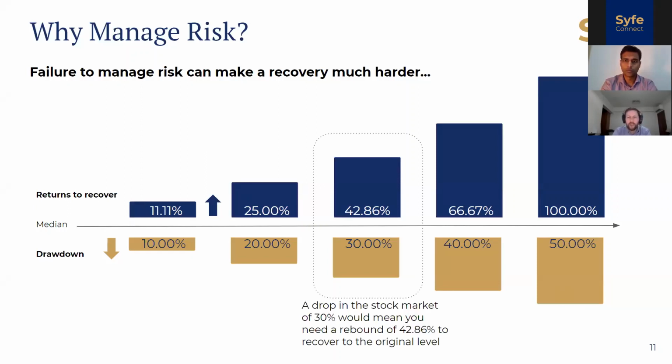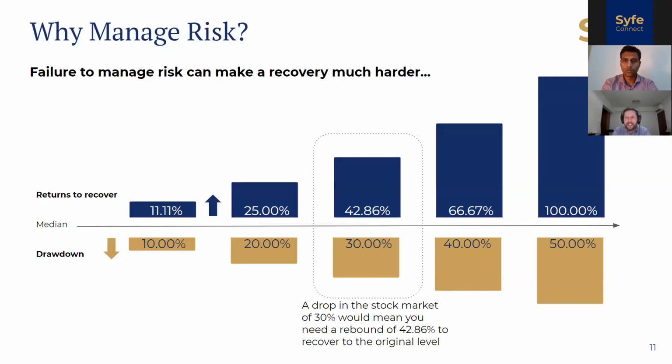For example, if you were to suffer a drop in the stock market of 30%, you would need to rebound by 42.86% just to recover back to the original starting amount.